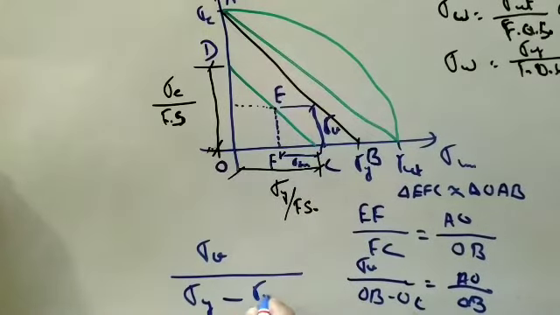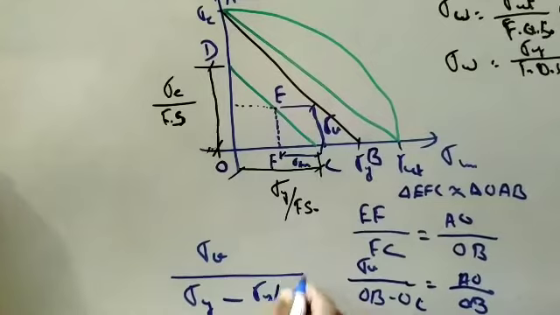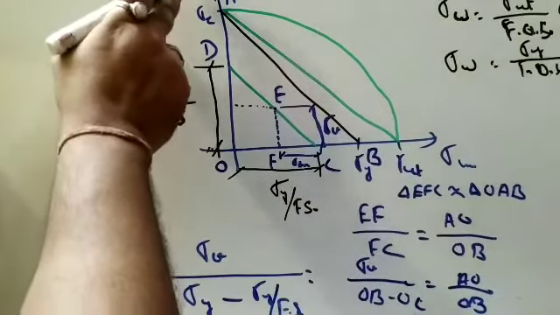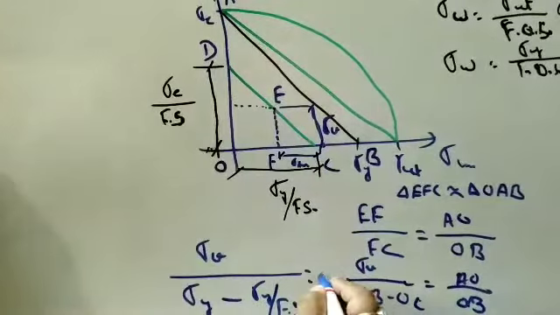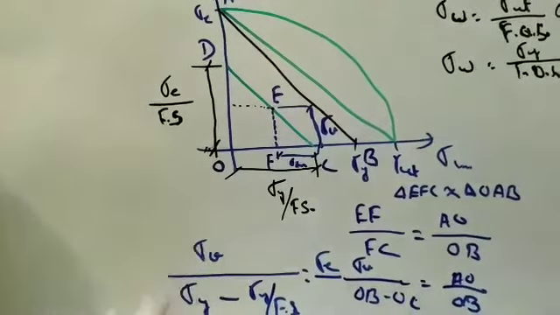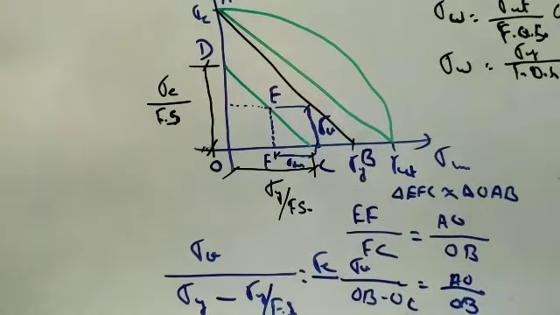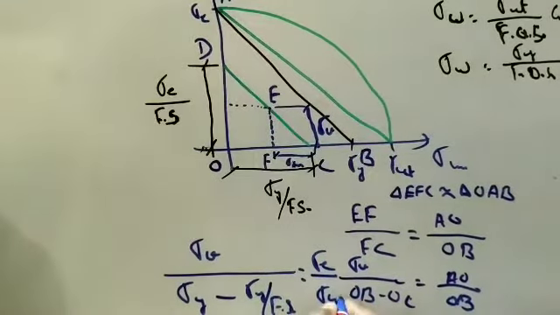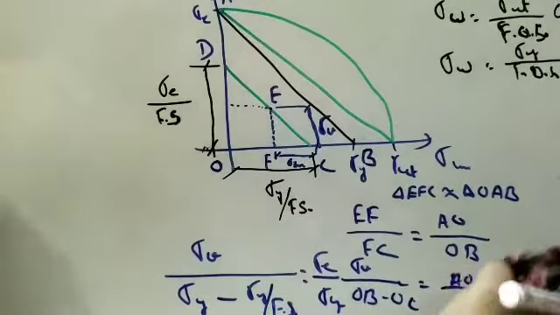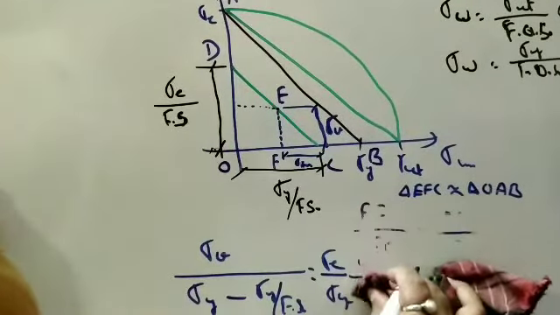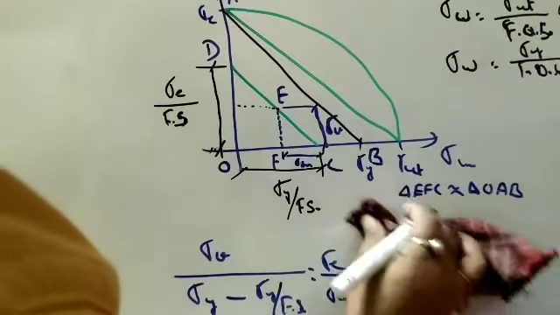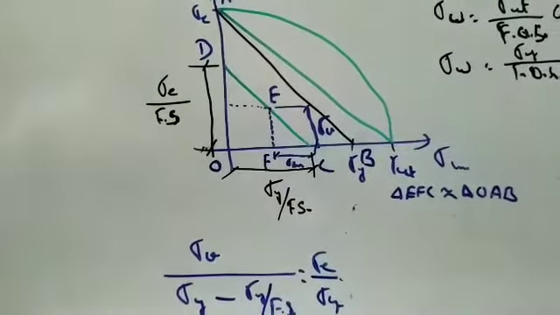OC is sigma Y by factor of safety, and AO is equal to the endurance strength of the material, and OB is the yield stress of the material. Now this is the equation: sigma V by sigma Y minus sigma Y by factor of safety, over sigma E by sigma Y.